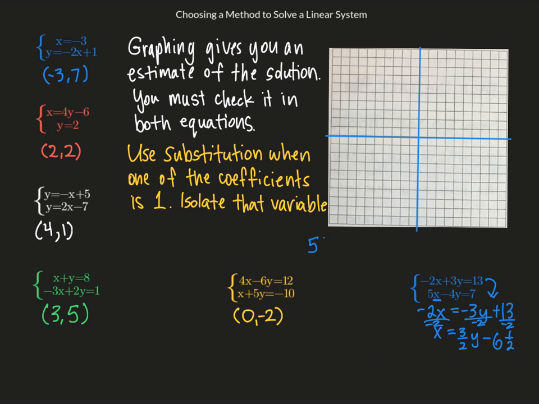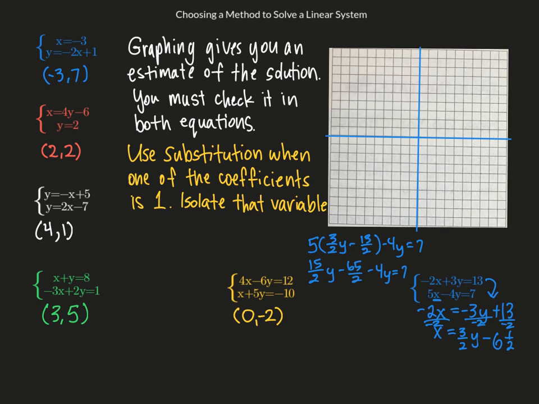So 5 times (3/2 y minus 13/2) minus 4y equals 7. So this is 15/2 y minus 65/2 minus 4y equals 7.